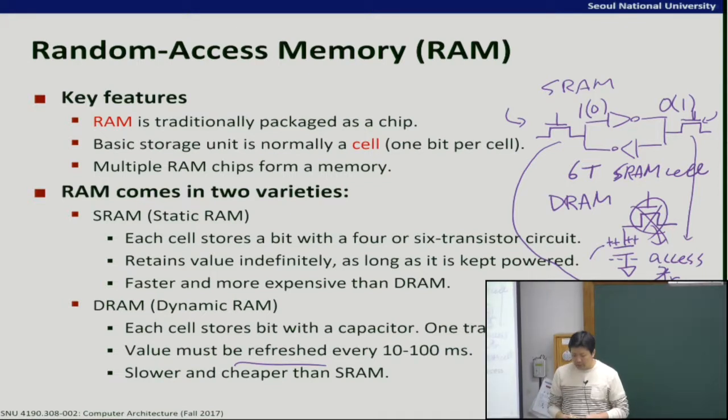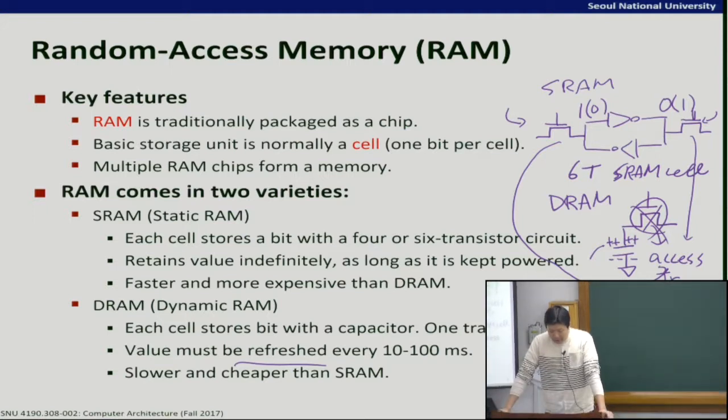In the case of DRAM, the good thing is it's cheaper, and the bad thing is that you need to refresh the capacitor every 10 to 100 milliseconds for all the cells in your chip. That's a kind of significant operational cost. So DRAM is slower and cheaper than SRAM, and SRAM is faster and more expensive than DRAM. That's the trade-off.